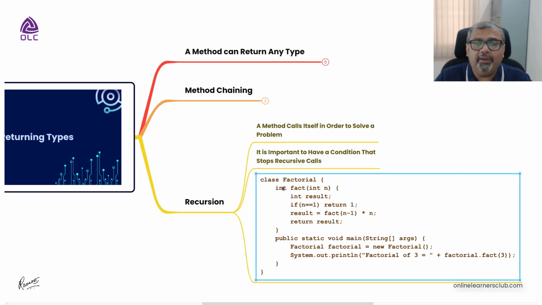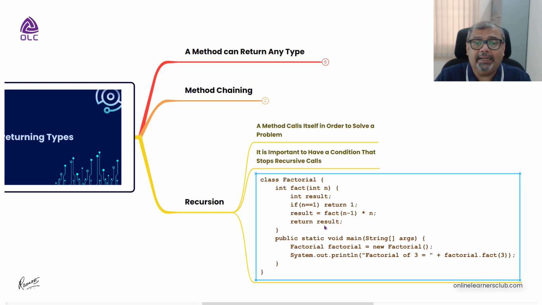Where we have int factorial, so fact of integer n, it basically has a result as n, and if it is equal to 1, it returns 1, else it will return the factorial of the previous number into the current number. So if you pass 5, the result will be factorial of 5 minus 1, which is 4, into the current, which is 5. So that's why we get 5 into 4.